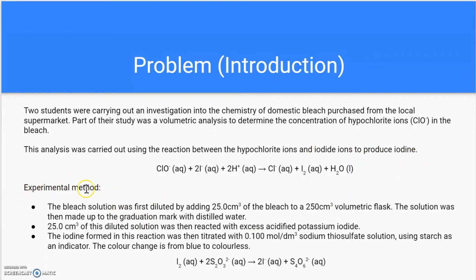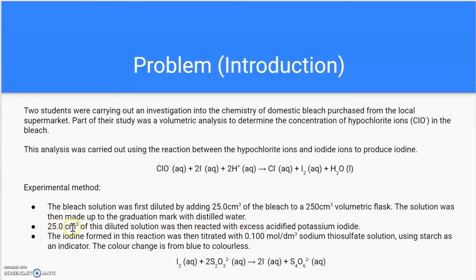Now the experimental method is presented. First, the bleach solution is diluted by adding 25 centimeters cubed of the bleach to a 250 centimeter cubed volumetric flask and filling up to the graduation mark with distilled water.